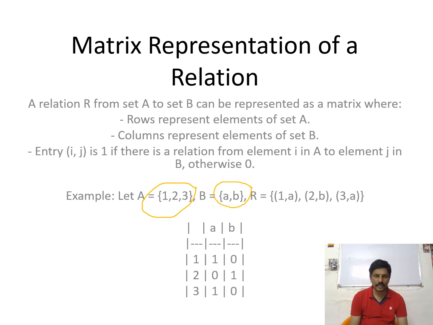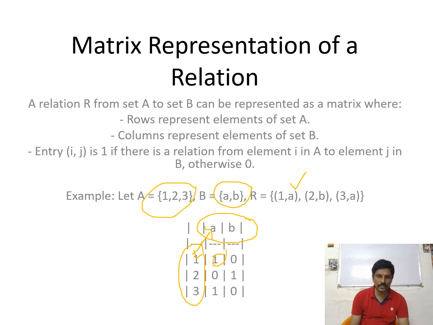Now we need to observe whether there is any relation between the rows and columns. If the pair exists in the relation, we keep it as 1, and if it does not exist, we keep it as 0. So 1 to a exists in the given relation, so we kept 1.